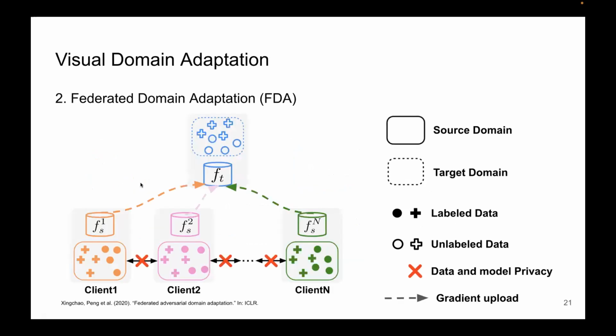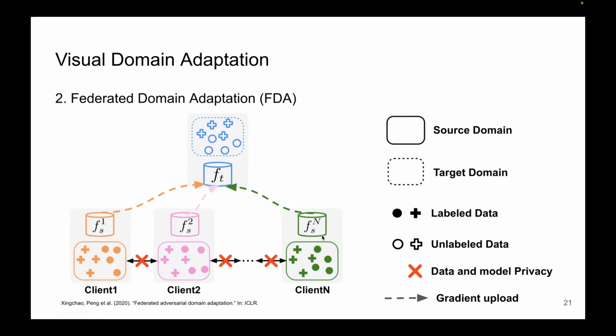And the second one is actually an integration of federated learning and domain adaptation, the FDA problem. In this setting, as you can tell from this figure, we have one server and multiple clients. Each client has its own small dataset, and you can train a small model based on that, such as FS1, FS2, until FSN.